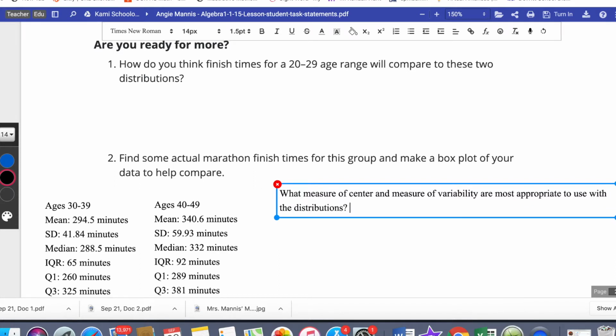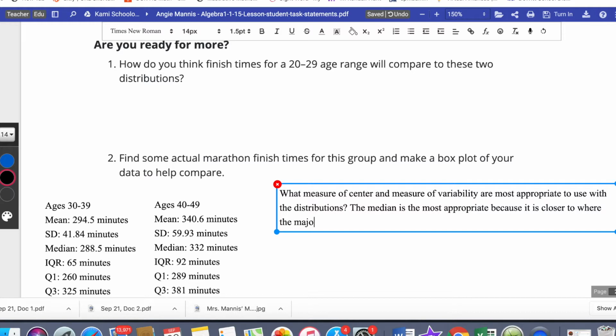So we have the median is the most appropriate measure of center, because it is closer to where the majority of the data is.